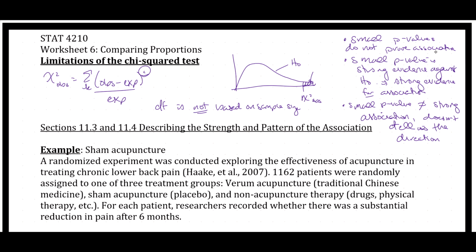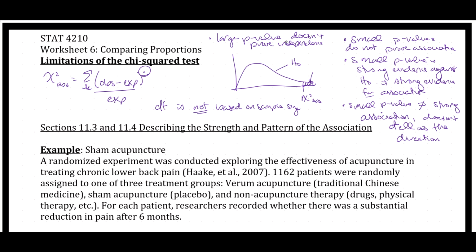On the flip side of that, the converse, a large p-value doesn't prove independence, right? If we happen to have a sample where there are small differences because of everything we just talked about, it could just be that we have one of those unusual samples.